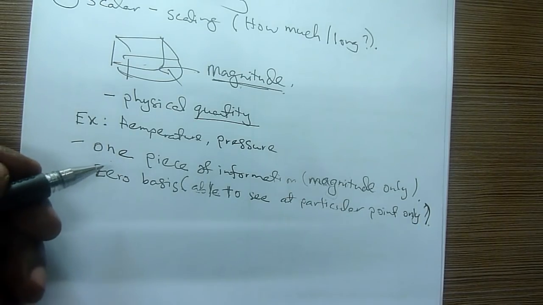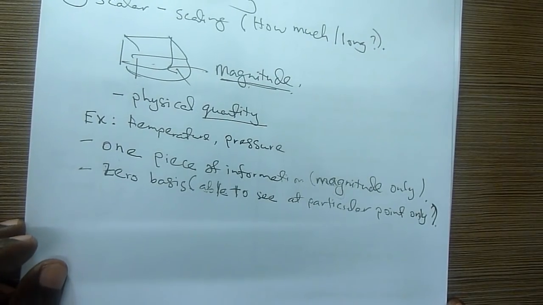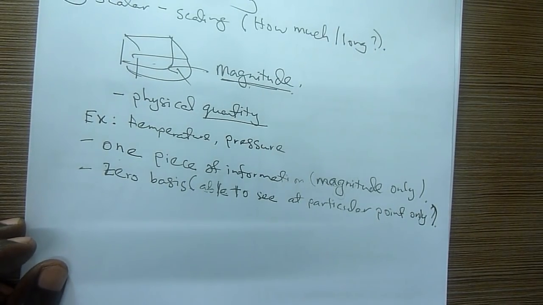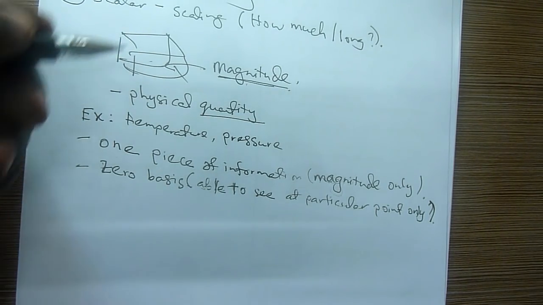Now, this one piece of information is not enough to understand any particular object. Therefore, is there any further detail that we can explore when we explore any particular object?